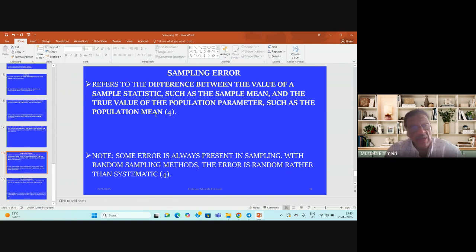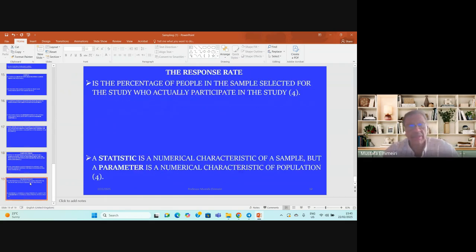If you compare the sample mean, which we call a sample statistic, like the arithmetic mean, we measure it in a sample, and then usually there is a difference. This difference between the sample statistic and the population mean is the sampling error. And this is very important: some error is always present in sampling with random sampling methods. The error is random rather than systematic.